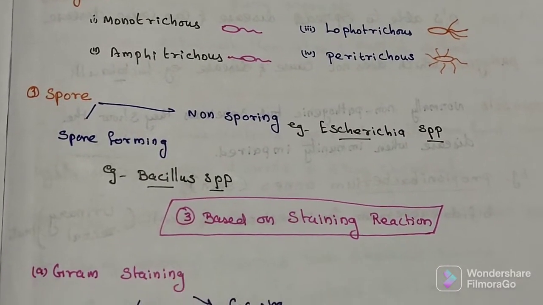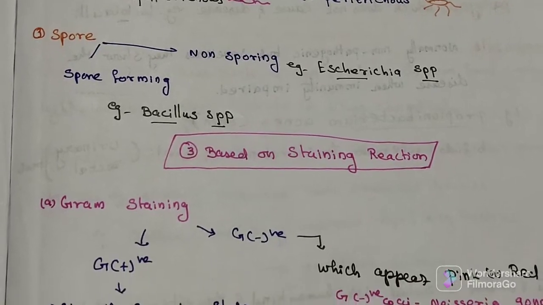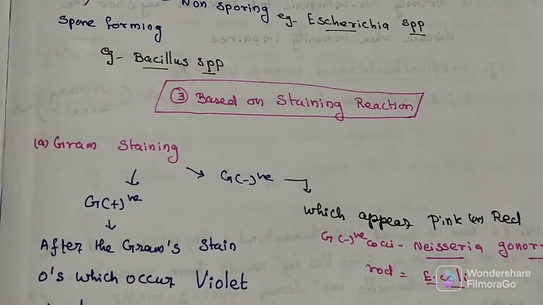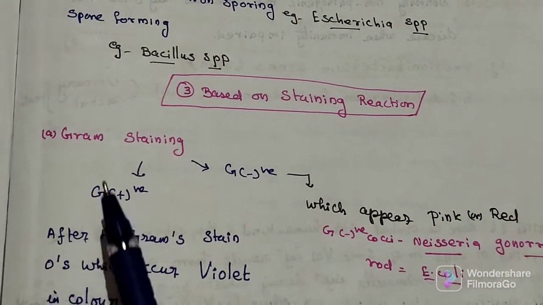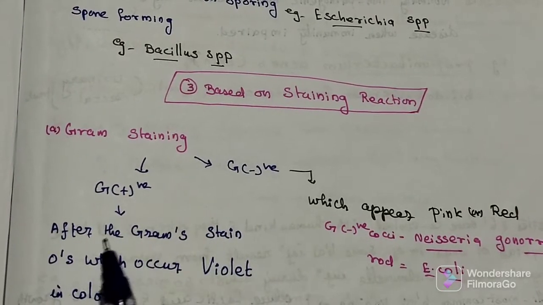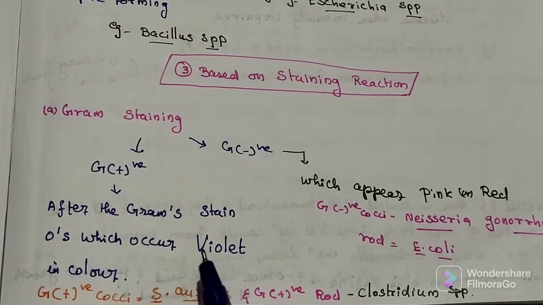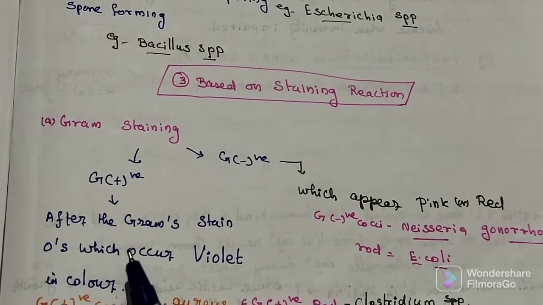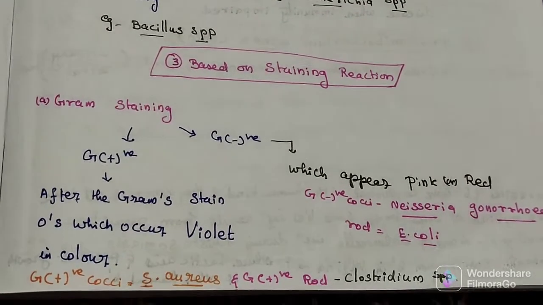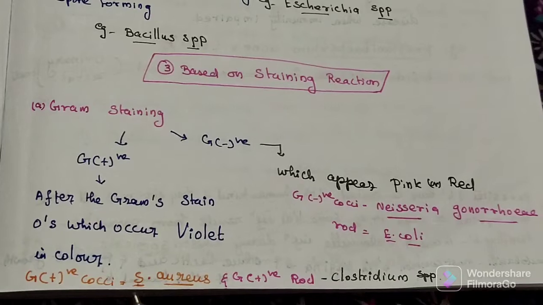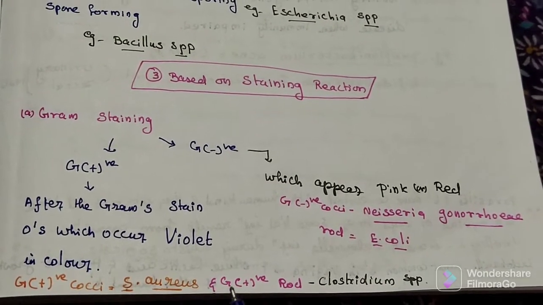Third category is based on their staining reaction. First one is gram staining. Gram positive: after the gram stain, the organism appears violet in color. Okay, after gram staining, if it produces violet color, it means gram positive organism. Example Staph aureus.